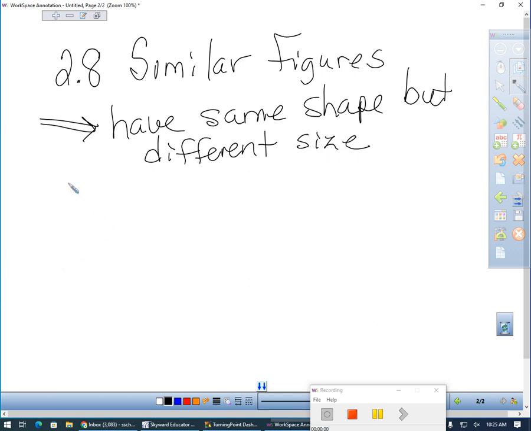And if they are similar figures, they have congruent side ratios.